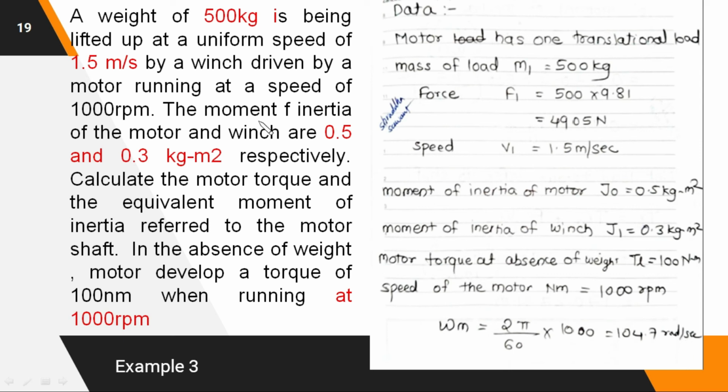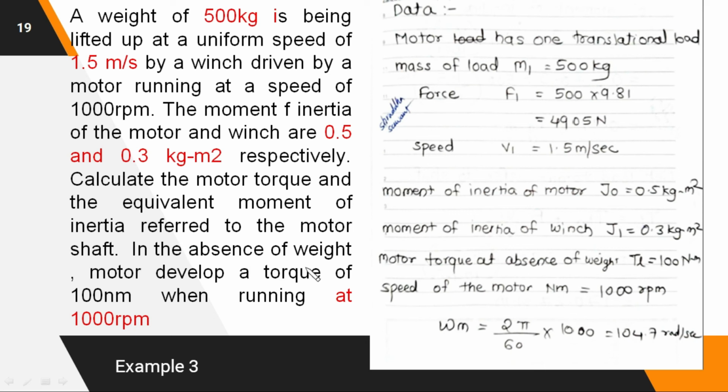Now next, the moment of inertia of the motor is given. So J0 will be 0.5. And a winch. A winch is nothing but a pulley or a drum on which the load is connected to the motor. So this is 0.3 kg meter square, which we will consider as J1. Now next, it is asked to calculate the motor torque and the equivalent moment of inertia referred to the motor shaft.